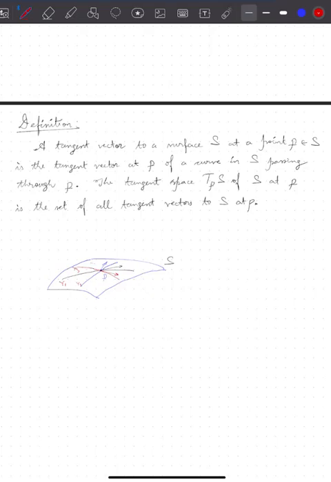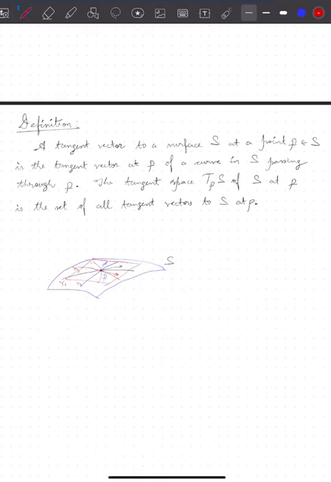So we have an infinity of such curves which crisscross, which pass through P, and they are all contained in the surface S. So essentially we have infinite tangents at point P to the surface, but all of them will be contained in a plane.